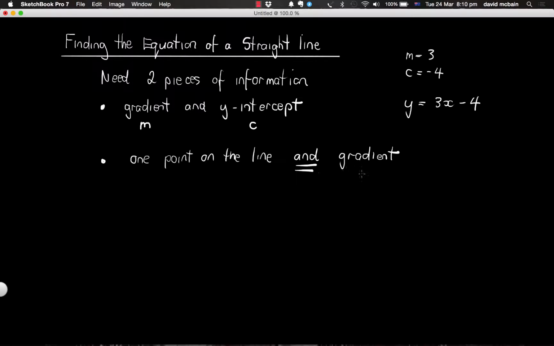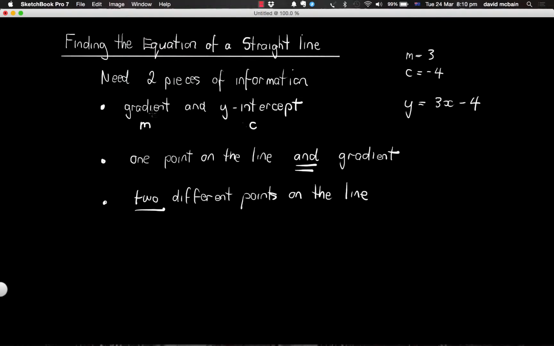There's two pieces of information as well. We might have two different points on the line. Once again, we have two pieces of information.